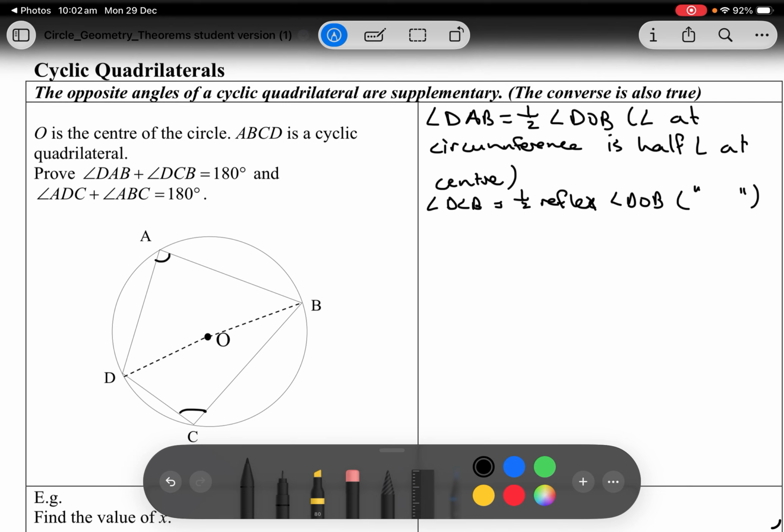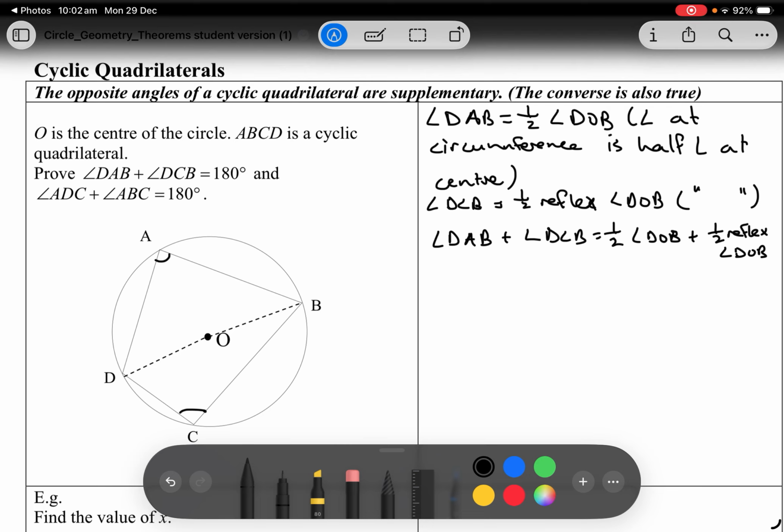Now, if I were to add these two angles, angle DAB and DCB, it would equal half of DOB plus half of the reflex of angle DOB.